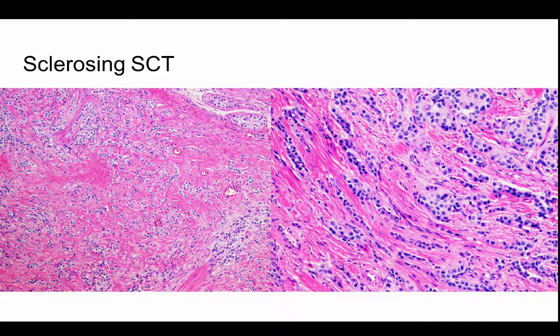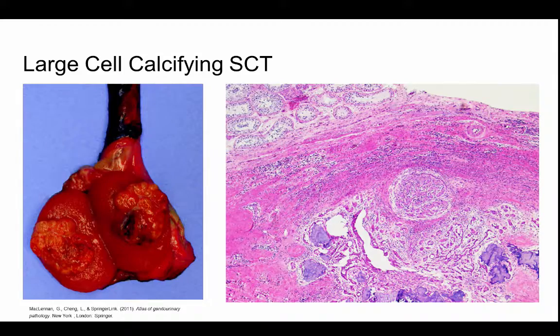The sclerosing Sertoli cell tumor I talked about is defined by more than 50% sclerosis of the lesion, and that's important to recognize because even though they don't consider it a distinct entity anymore, close to all of these cases that have been reported have been benign, so it does have prognostic value.